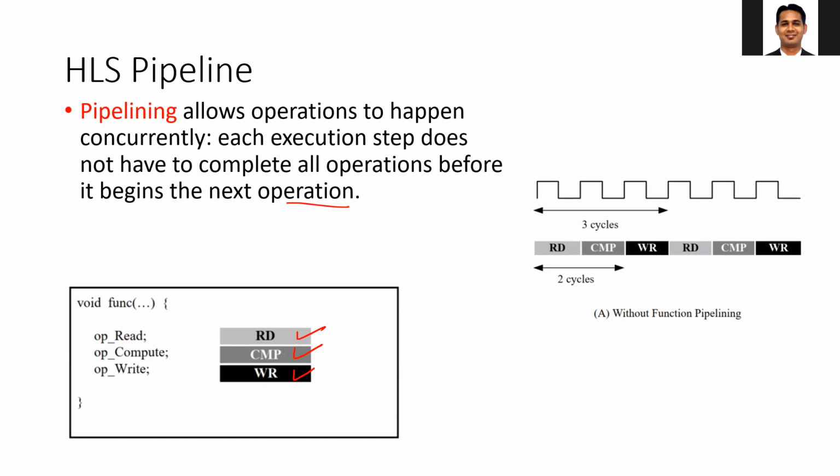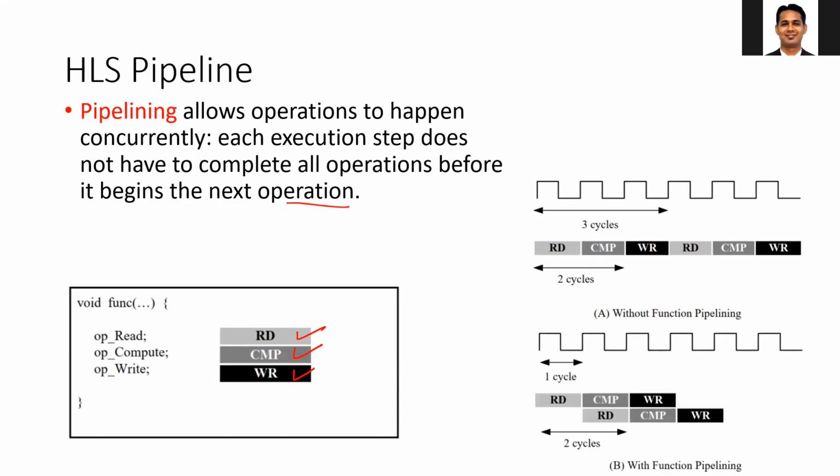Now you can see that in the second and the third clock cycle, the hardware used for the read is idle. The compute hardware is being used only in 1/3 of the clock cycles. So it is an inefficient use of the hardware.